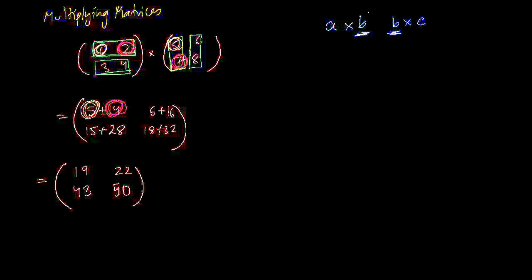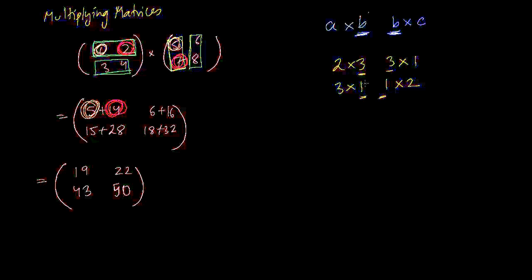That means these are the possible multiplications that are allowed: 2 times 3, 3 times 1, or 3 times 1, 1 times 2. It doesn't really matter what the others are, but this and this have to match.